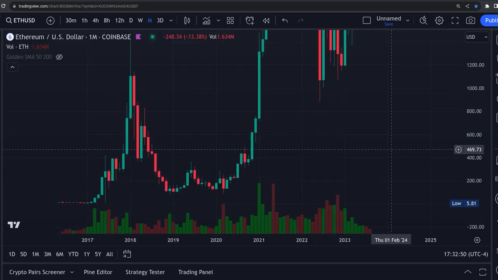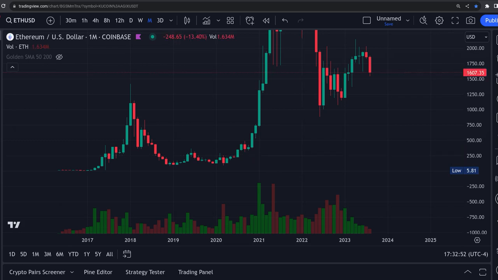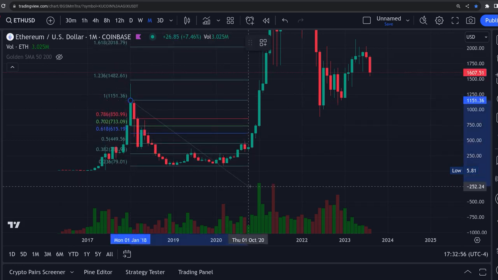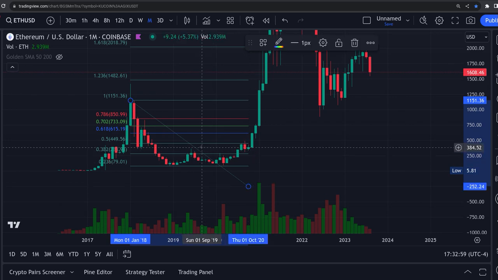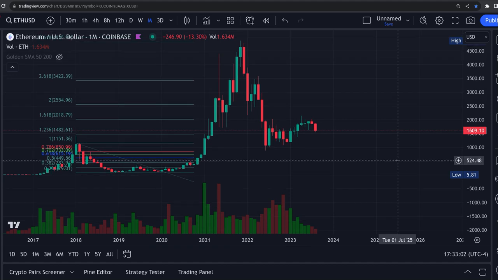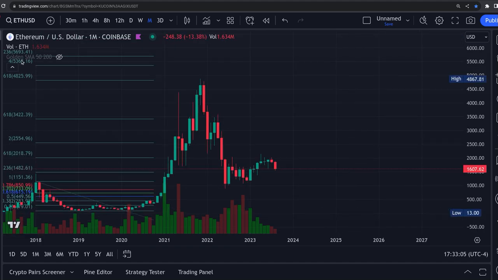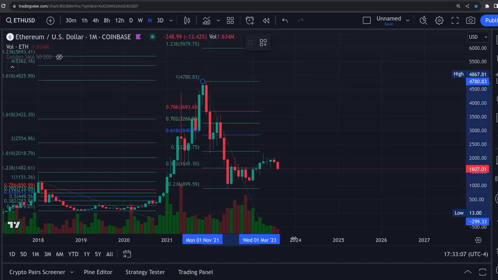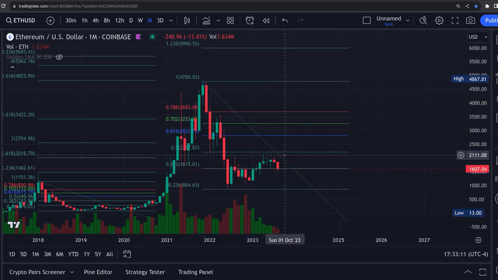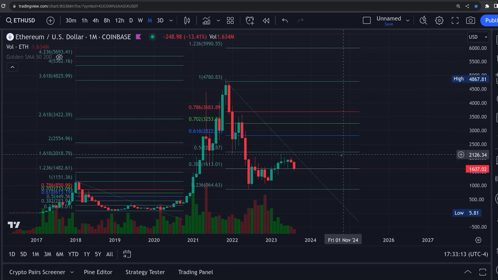Now granted, if you put a fib on here and look, it ended up doing not much, not even a 50% retracement last bull run. This one here, top to the bottom, there you go, just almost a 50% retracement on Ethereum.